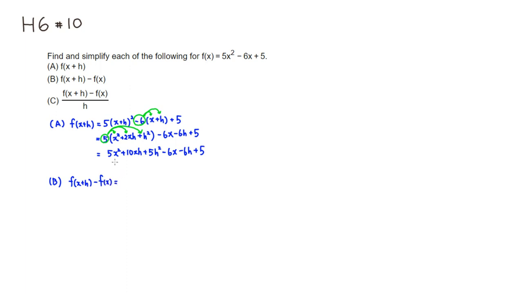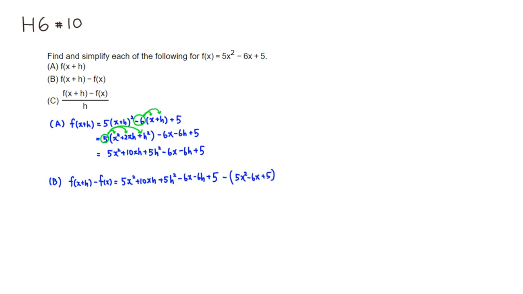I'm going to copy the answer from part A, so you have 5x squared plus 10xh plus 5h squared minus 6x minus 6h plus 5. Then we're subtracting f of x, which is 5x squared minus 6x plus 5.